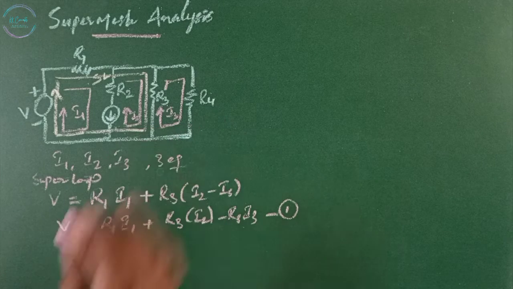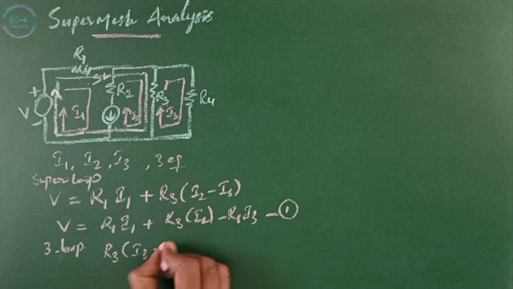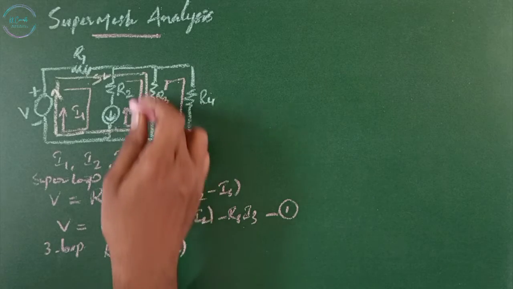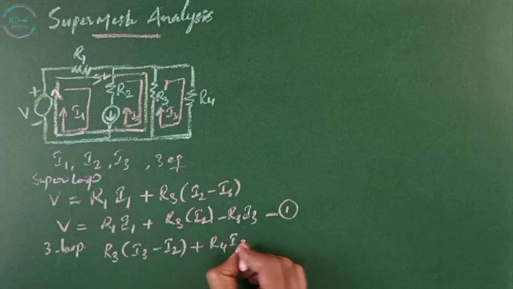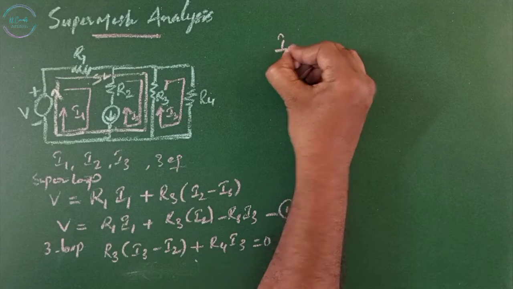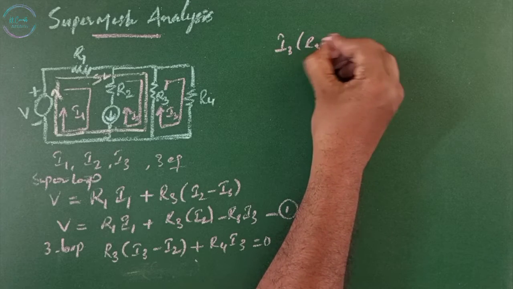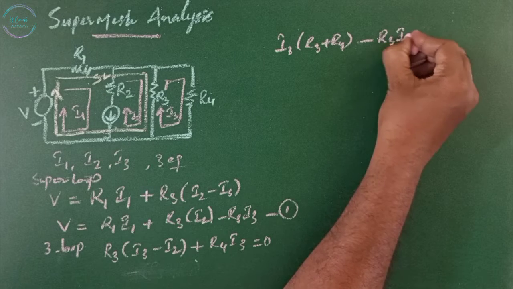For the third loop, we write R3 times (I3 minus I2), since these are in opposite directions, plus R4 I3 equals 0, as there is no source. So I3 (R3 plus R4) minus R3 I2 equals 0.